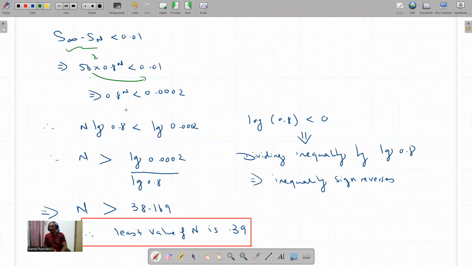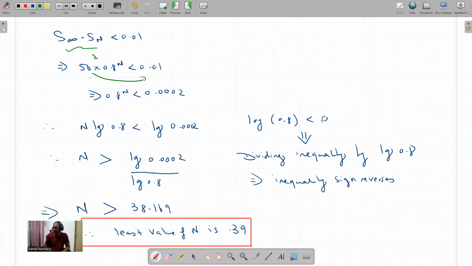And from there, we use logarithm: n log of 0.8 to base 10 is less than log of 0.002 to base 10, of course. And we know that log of 0.8 is less than 0.